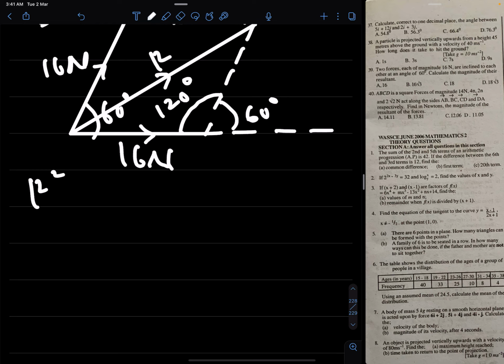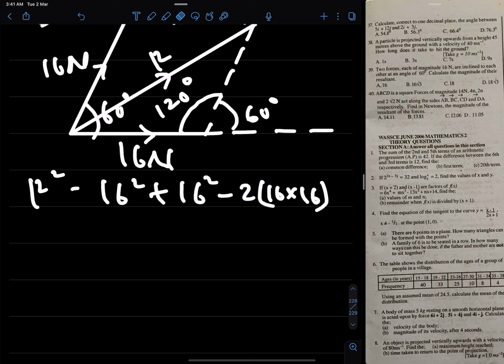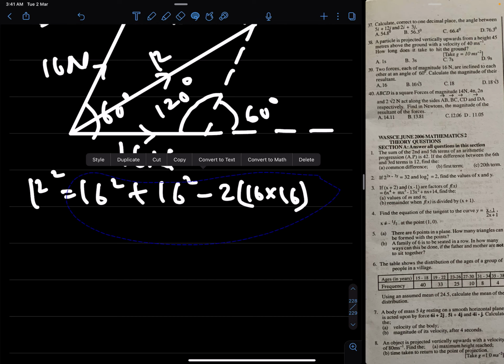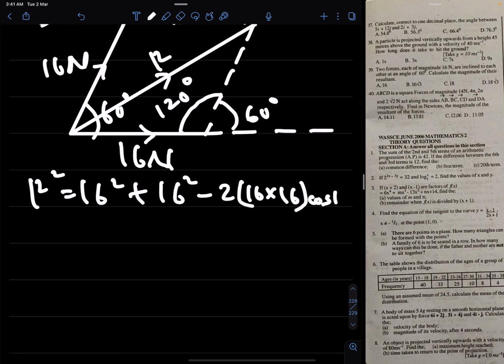R squared is equal to 16 squared plus 16 squared minus 2 times 16 times 16 cos 120 degrees.